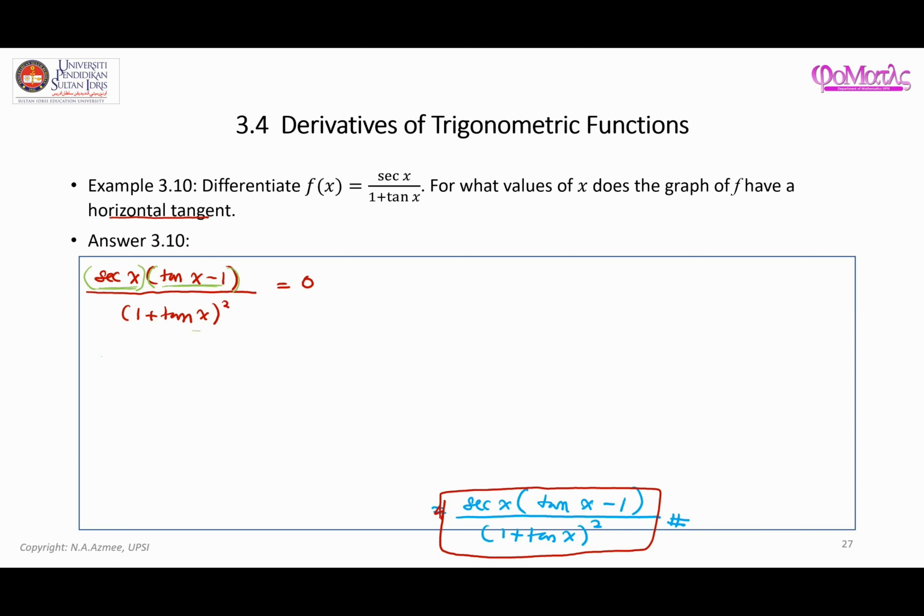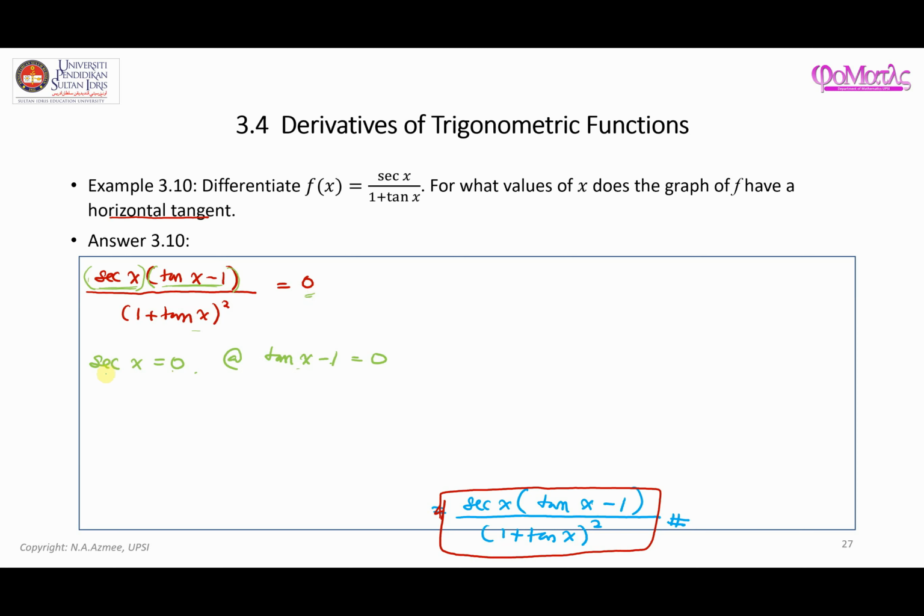So there are two scenarios that you can consider. The first one is secant of x is equal to 0, or tangent x minus 1 must be equal to 0. Either of these two scenarios will result in the expression becoming 0, okay?